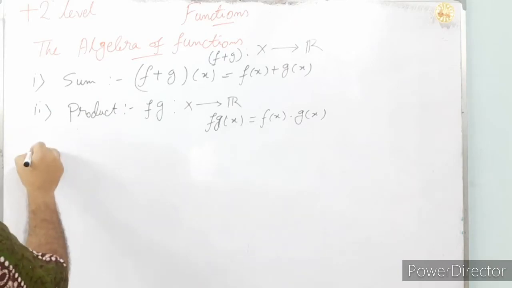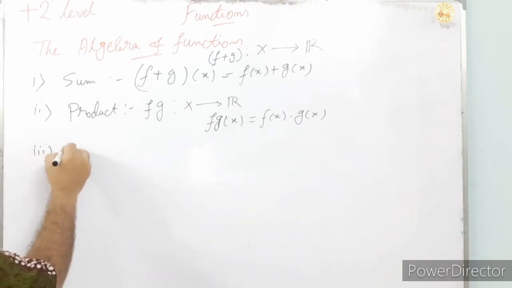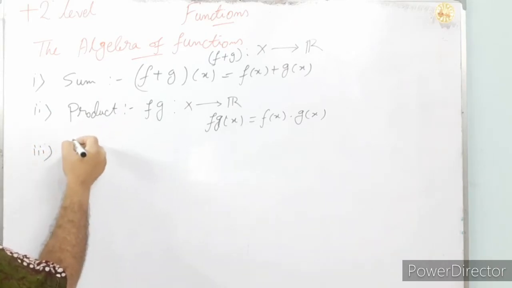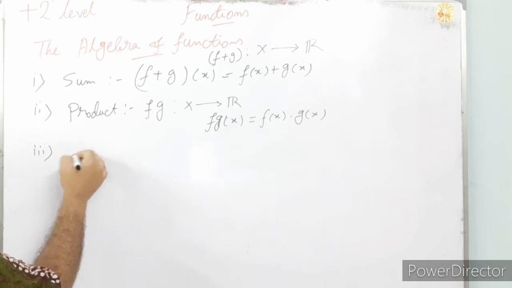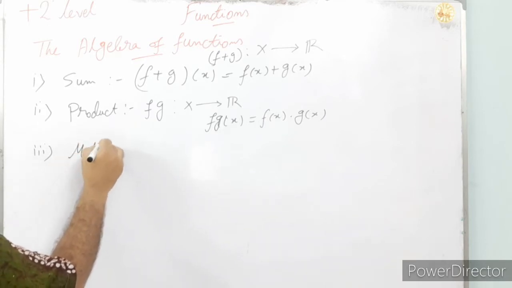Those are very easy. Number 3, multiplication by a number.